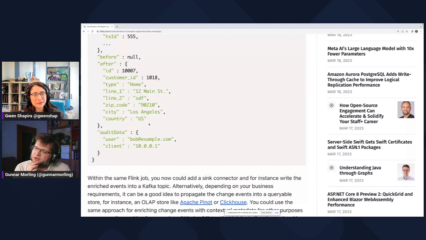So logical decoding in Postgres is this process of giving you access to the transaction log and allowing you to provide plugins into Postgres, which can emit the contents of the transaction log in different formats.